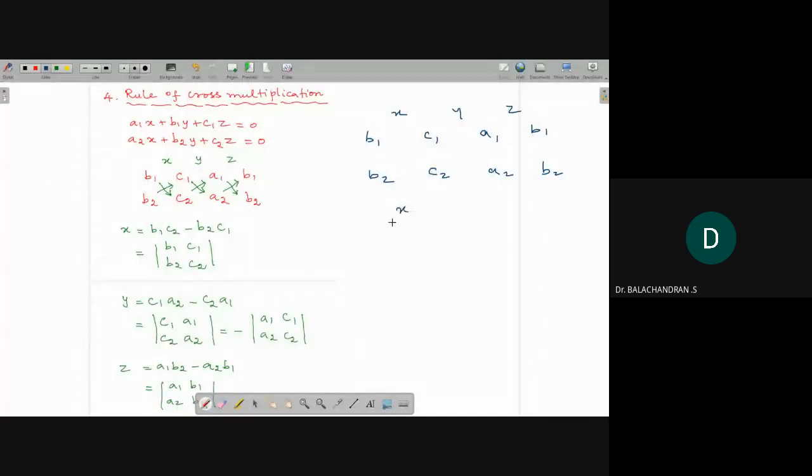So x divided by b1 c2 minus c1 b2, which is equal to y divided by c1 a2 minus c2 a1, which is equal to z divided by a1 b2 minus a2 b1, equal to some constant k.